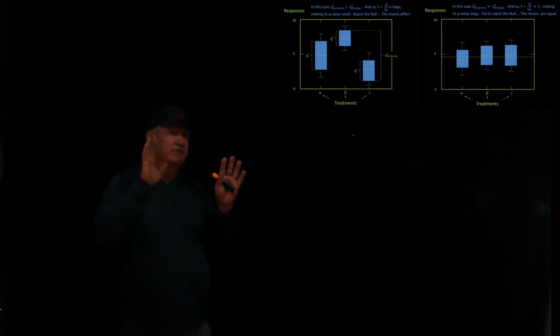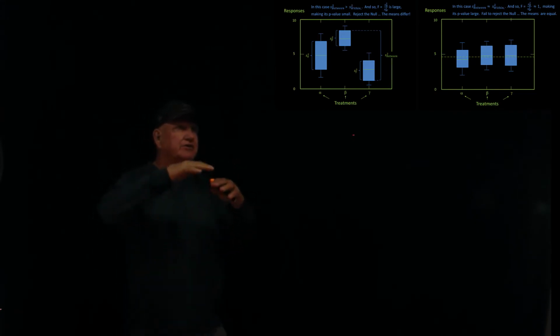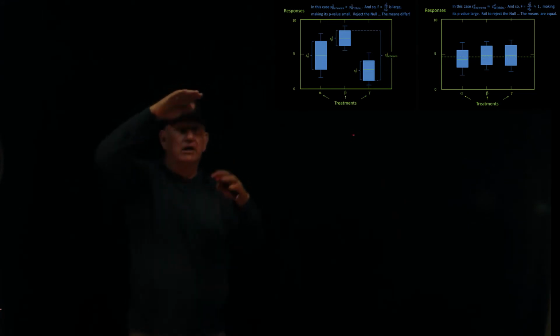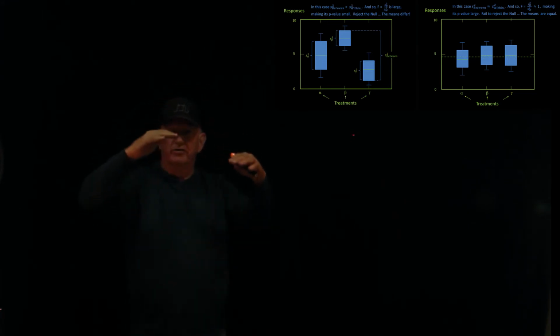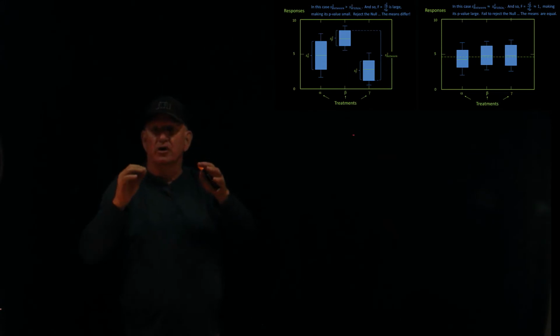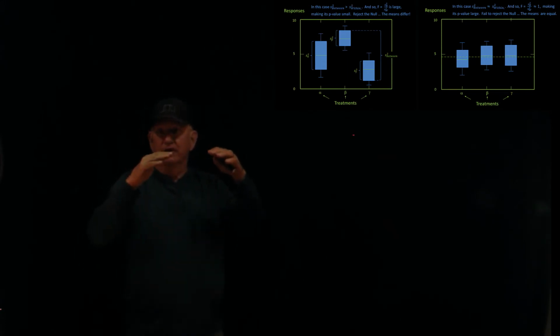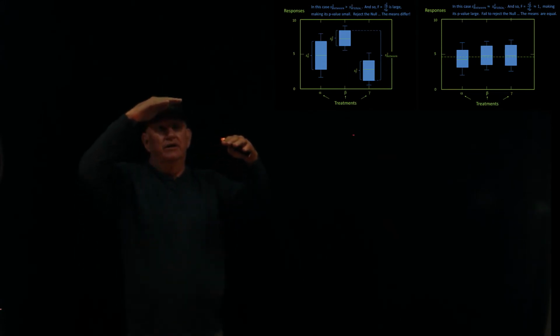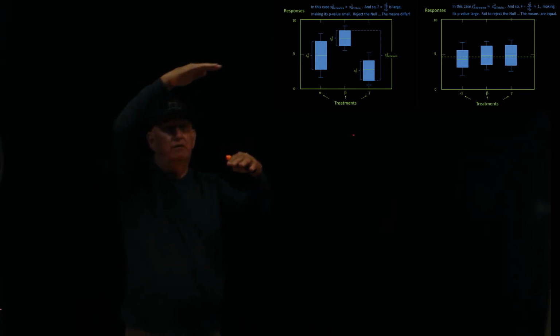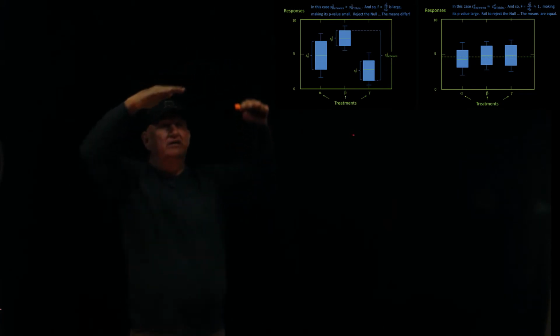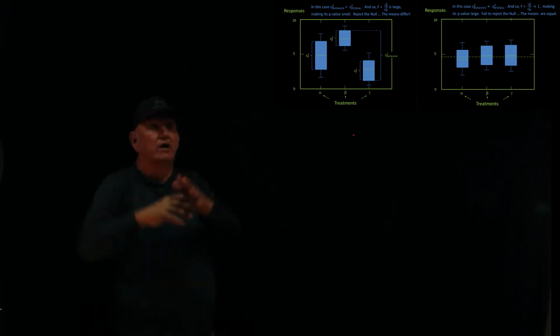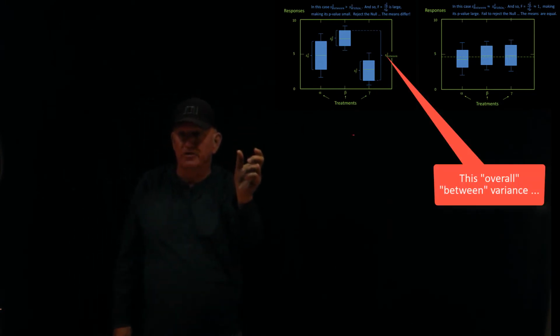If you look at the first one, I think you can see that there's more variation associated with the treatment, sometimes called the factor variance, right? The variance between. You can see that the means vary a little bit more than there is variance within each group.